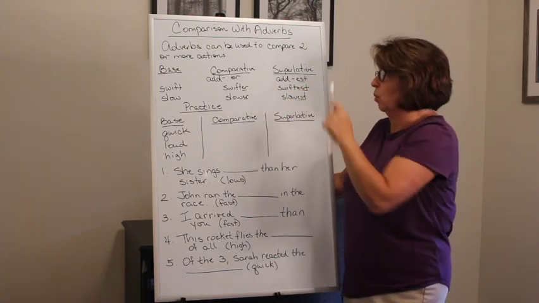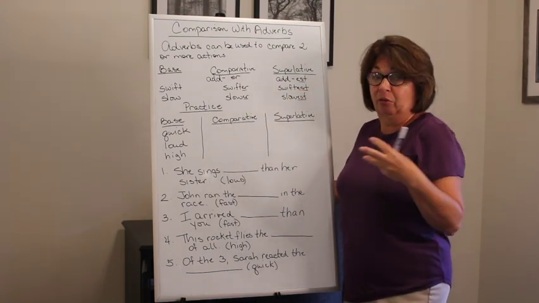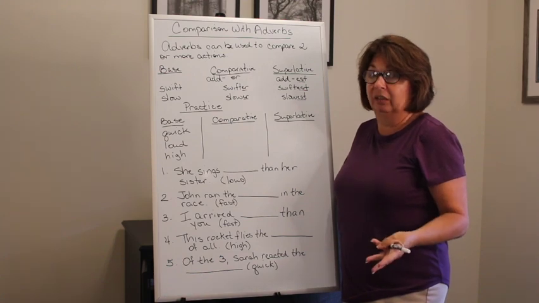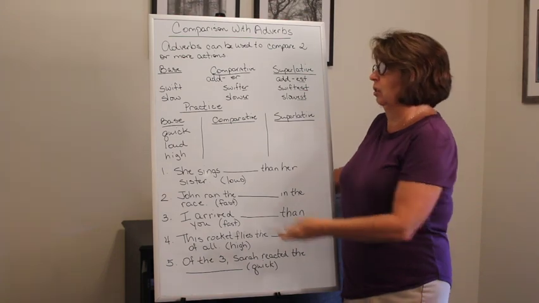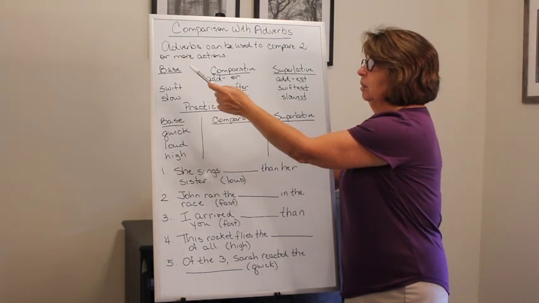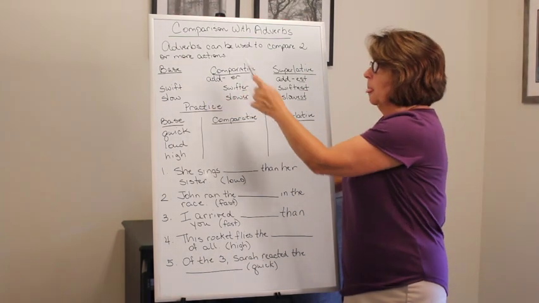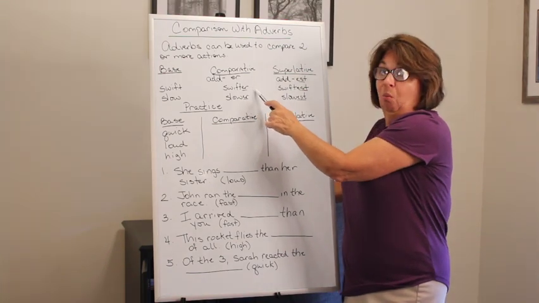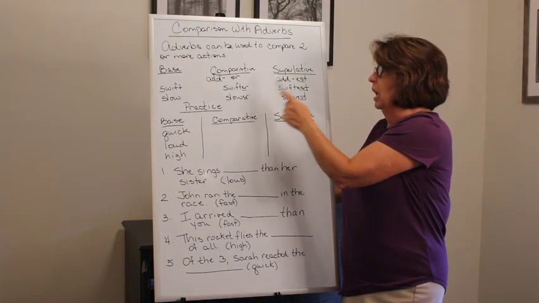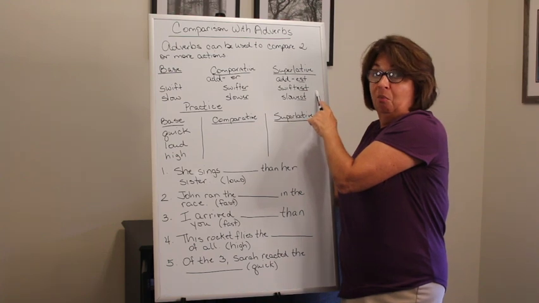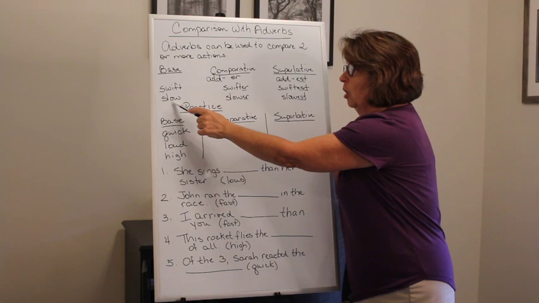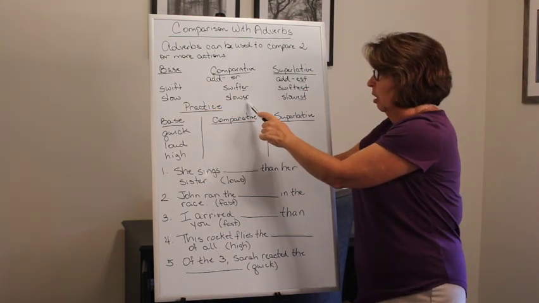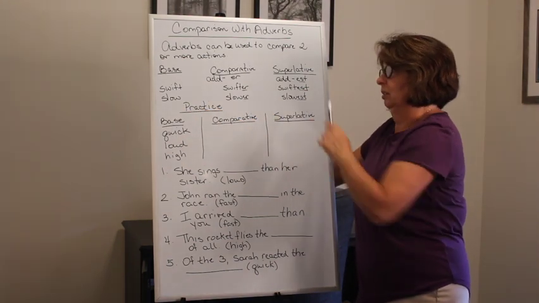Still, if we have only one syllable and we want to compare three or more things, we're going to add EST onto the end of the word. So, swift, swifter, and then swiftest. Slow becomes slower, and then slowest.